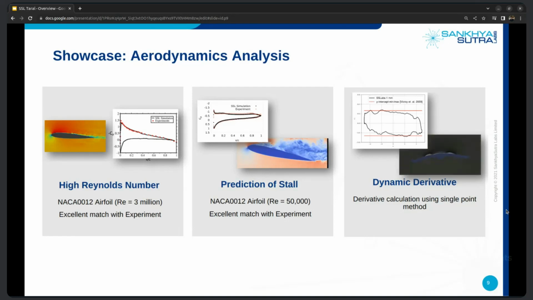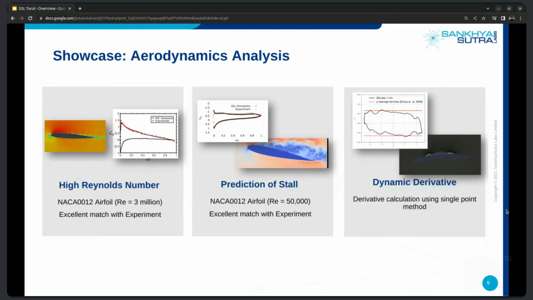Now, we have used our solver for a variety of different cases. For example, you see on the left side of your screen, there's a high Reynolds number NACA 0012 airfoil case, which was run at a Reynolds number of 3 million. The specific problem here was to capture the transition of the boundary layer from laminar to turbulent.